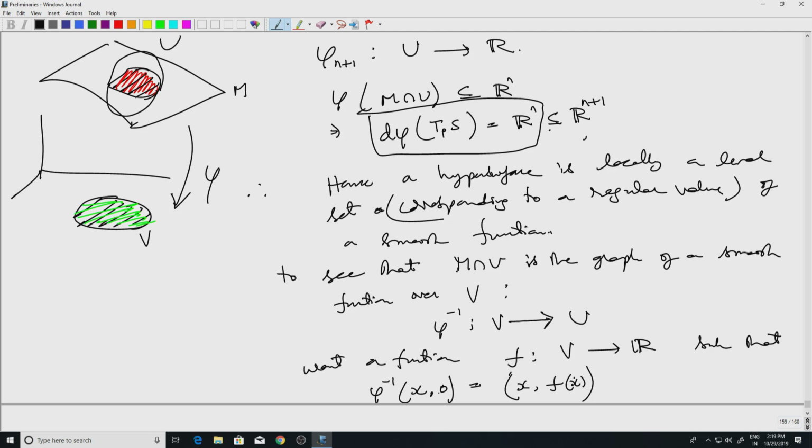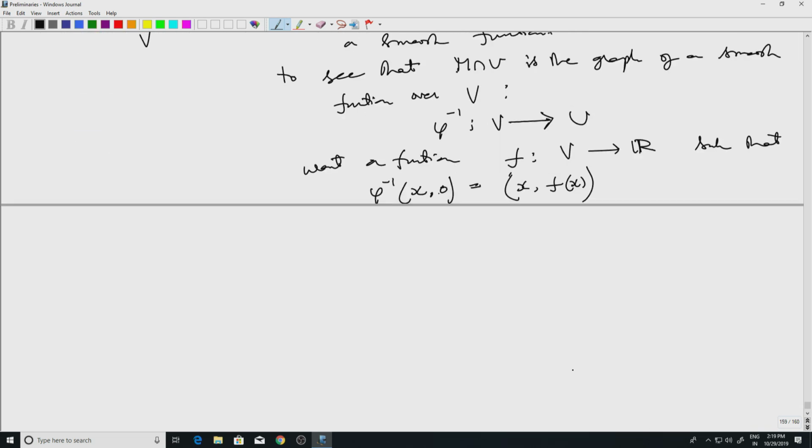I want such a function, i.e. phi of x comma f of x equal to x comma 0, which is the same thing. So now this is a sort of functional equation for f.